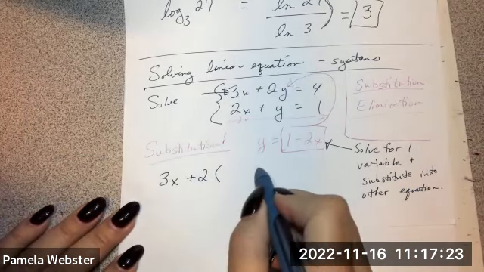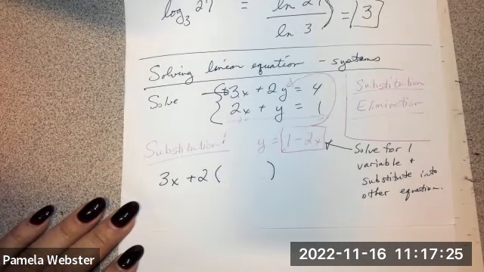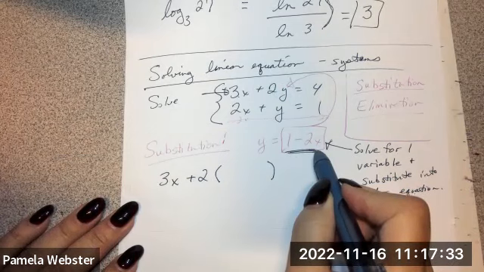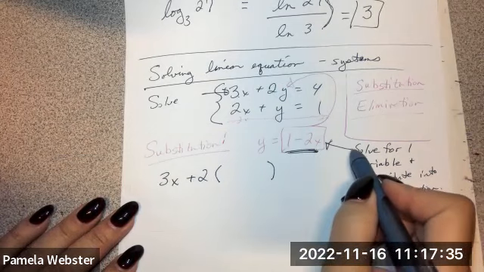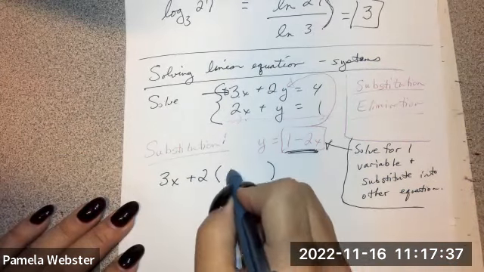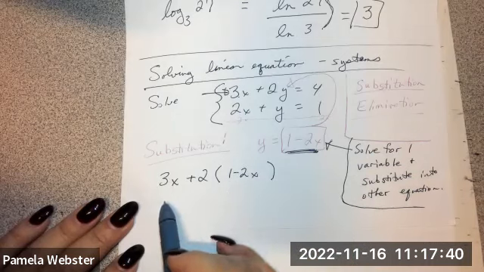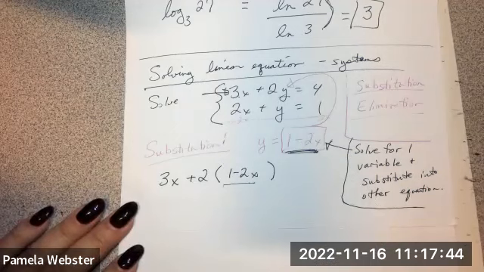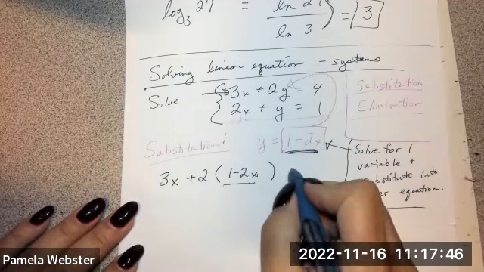So I'm going to put parentheses. And it's really important you put your parentheses, especially when you've got negatives in there. Okay, I'm going to put parentheses, and instead of the y, I'm putting in this guy, right? So this is my substitute. This is what I'm going to plug in. So I'm going to put in 1 minus 2x. So it was y, but now I put in the 1 minus 2x. All that equals 4, right?